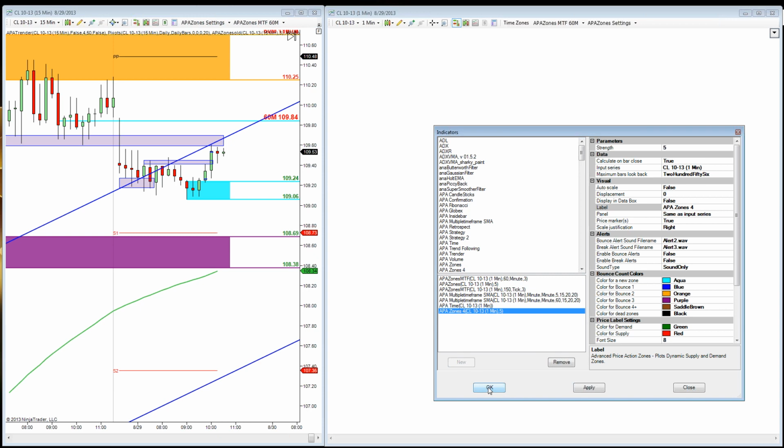Even though I feel like when Epizones 4 comes out, it's going to be a very good step in the direction of automation, of a complete zone automation trading software, it's still only going to be semi-automated.